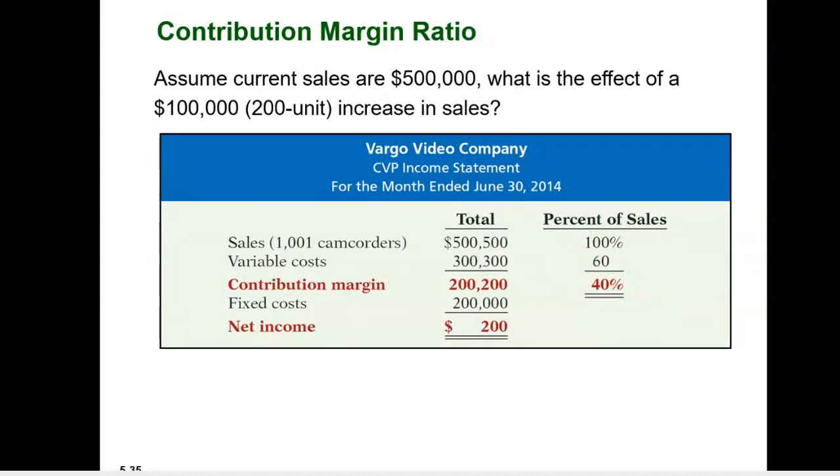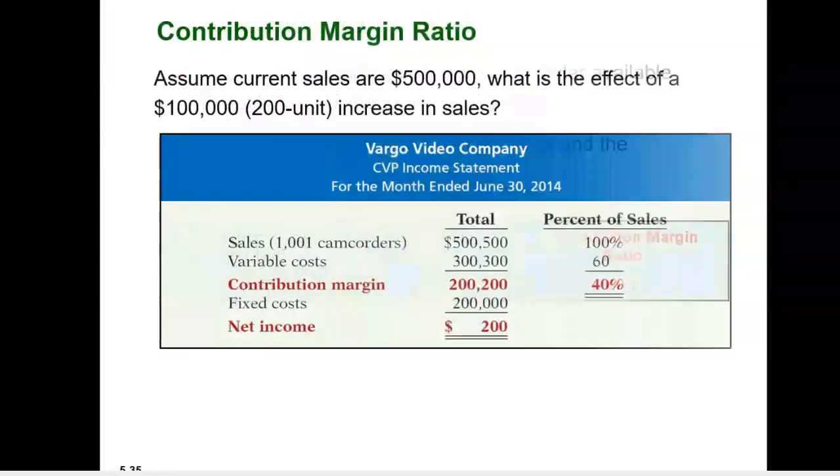Now, when we look at our income statement again, or our statement of operations, we look at sales. Now, sales is always 100%. And the contribution margin is 40% of sales. Therefore, the variable costs are 60%, the complement. And that holds true for the contribution margin per unit as well as the contribution margin in total.